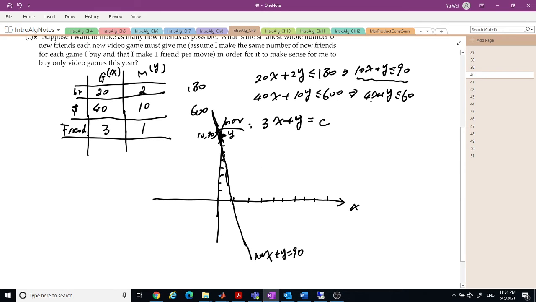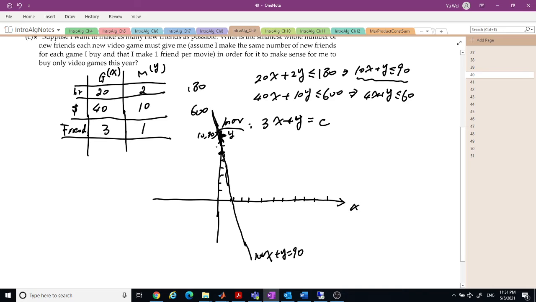So the second one, 4x plus y equals 60. When x equals 0, y equals 60, 1, 2, 3, 4, 5, 6. And when y equals 0, x equals 15.